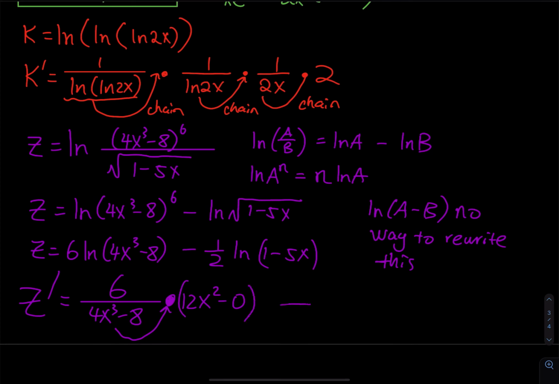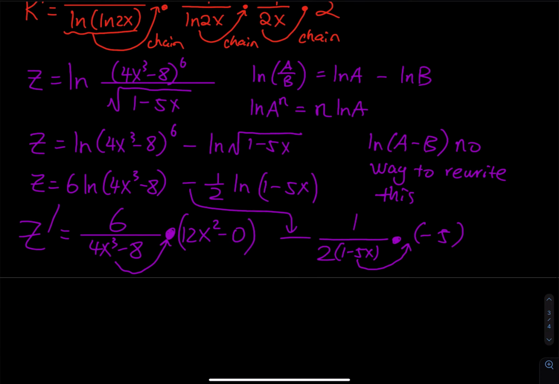And then minus, the minus comes from here. Minus, you bring this to the denominator, 1 minus 5x, and then you still have your 1/2. And then the derivative of 1 minus 5x is 0 minus 5, which is just negative 5, because 1 minus 5x is linear, so the slope is negative 5.